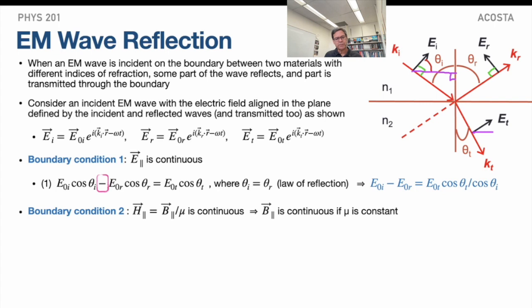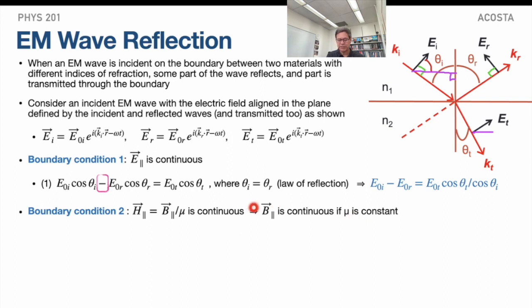Now, I also had this other boundary condition mentioned earlier about the component of the H field parallel to the surface. That basically means that the parallel component of the magnetic field B divided by the permeability mu is continuous. But if mu is essentially a constant from n1 to n2, meaning it's not magnetic, or at least the deviation from that of free space is very small, we can basically take it to be constant.